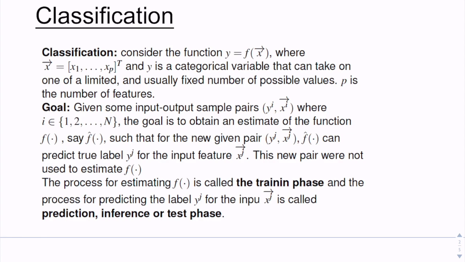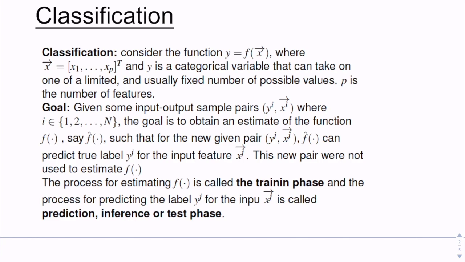So basically the goal of classification is to find an estimate for a function which maps an input, from a domain of a vector, to a categorical variable.